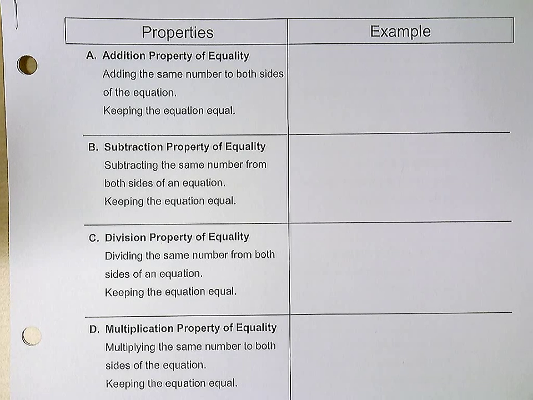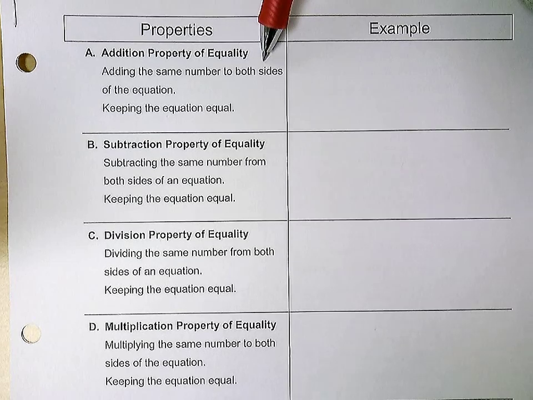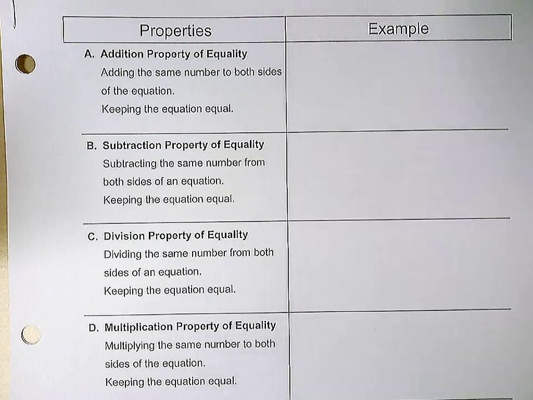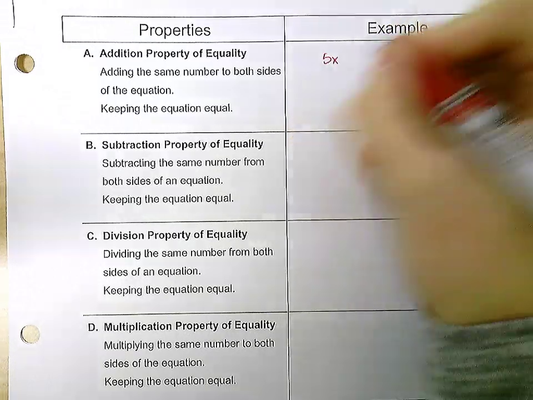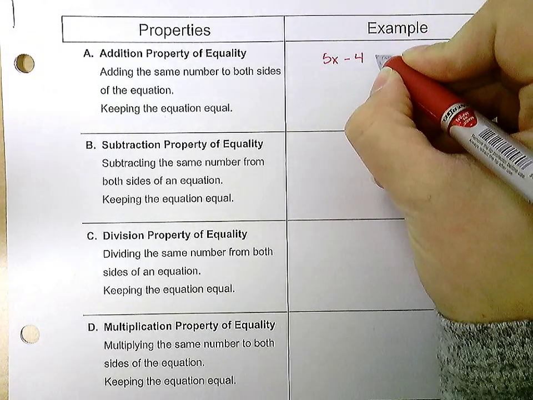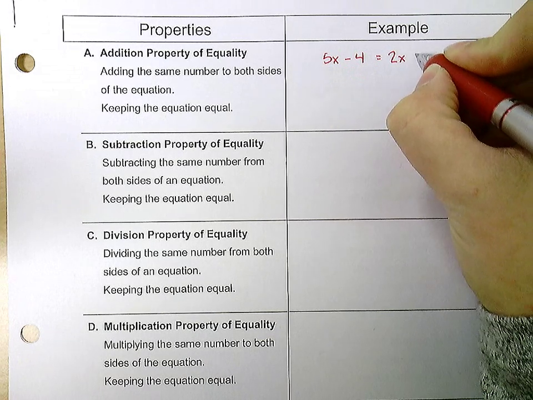So the first one we have is the addition property of equality. So that is adding the same number to both sides of an equation. So this is solving algebraically. You add the same number to both sides of an equation. So if I have, we'll do 5x minus 4 is equal to 2x plus 3.